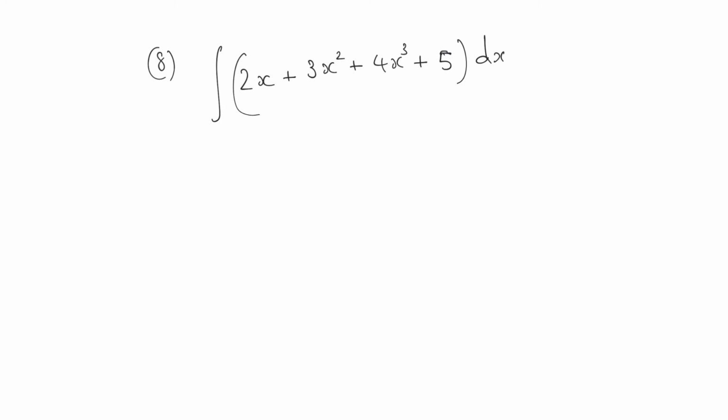Take another example. If it is given that integration of 2x plus 3x square plus 4x cube plus 5 dx, so we can write over here, if it is a constant term, we will write as it is, and integration of x raised to 1 is nothing but x raised to 2 divided by 2 plus 3 into x square, which is integration of x square is x cube divided by 3 plus 4 into x raised to 4 divided by 4 plus 5 is a constant, and integration of dx, it is basically integration of 5 dx.